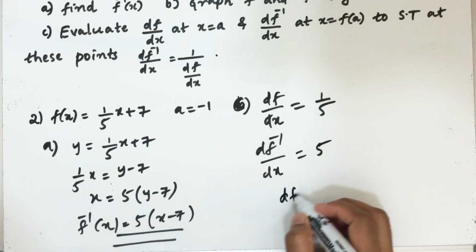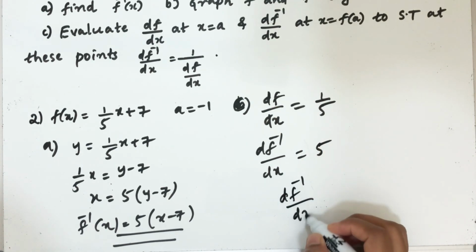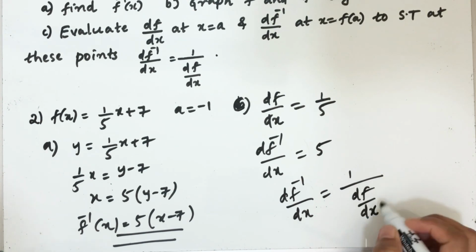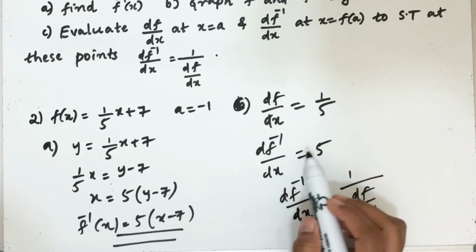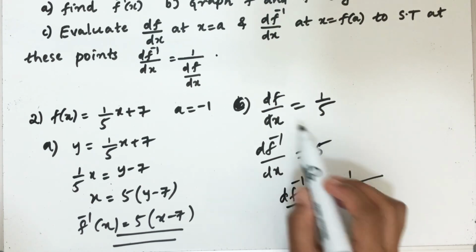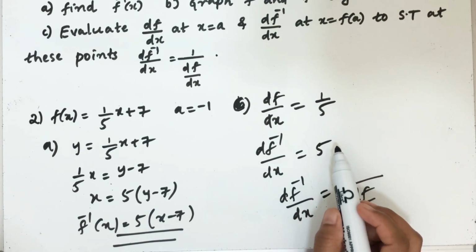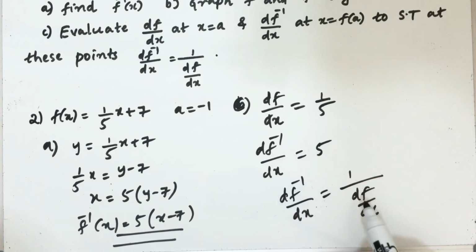So df inverse by dx is equal to 1 by df by dx. Here at a and f of a, there is no x in df by dx and df inverse by dx. So at x is equal to a and f of a, same value. So they are reciprocal of one another.